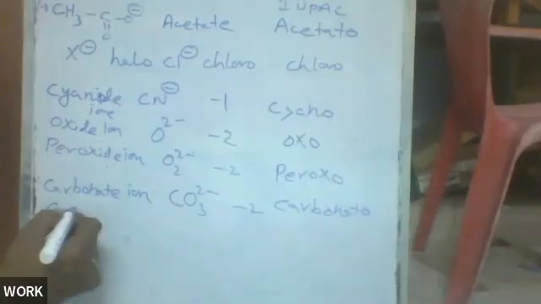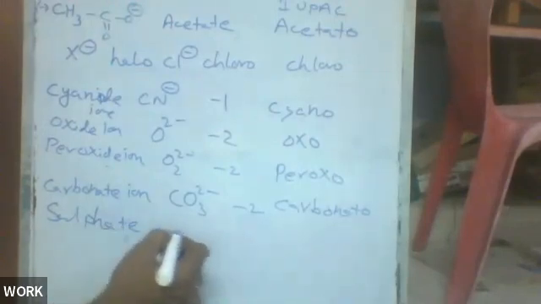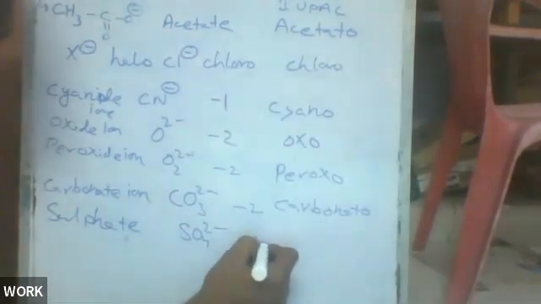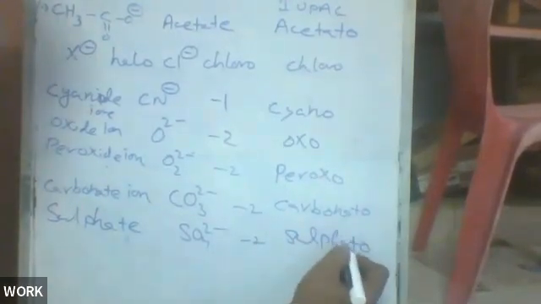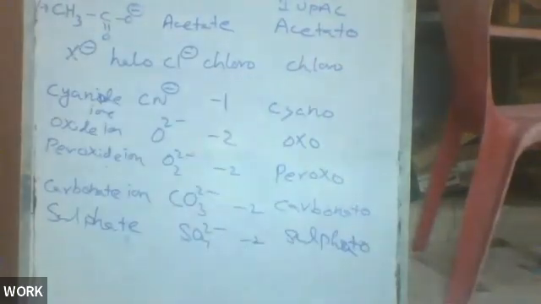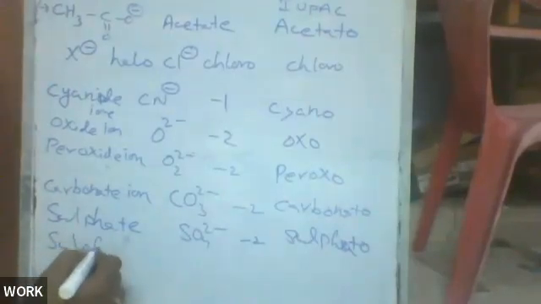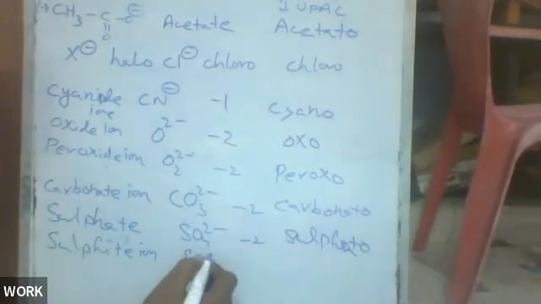And sulfide. Sulfate, SO4 2 minus, sulfate. Sulfite ion, that means SO3 2 minus.